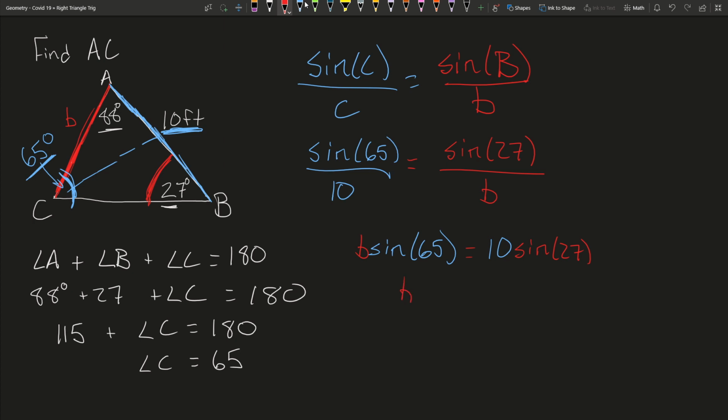So we get B is equal to 10 times sine of 27 divided by sine of 65. Questions about how I set that up?